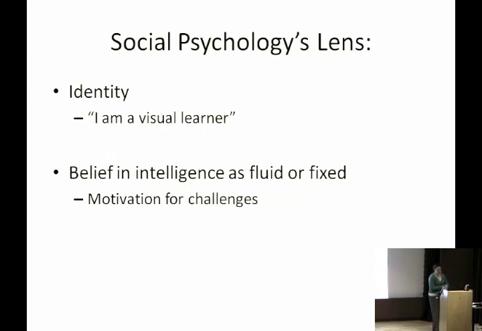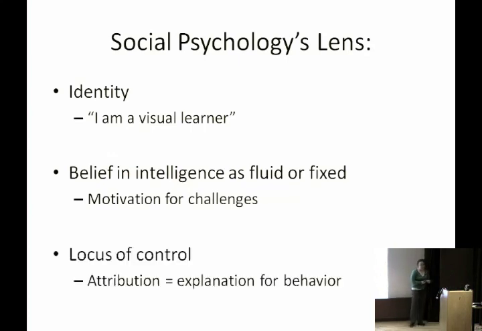The last social psychological interpretation of learning styles is the idea of locus of control. So every person has some sort of sense of what is responsible for their behavior. You can either believe that the source or the reason for your behavior is outside of yourself, or that it is inside of yourself.